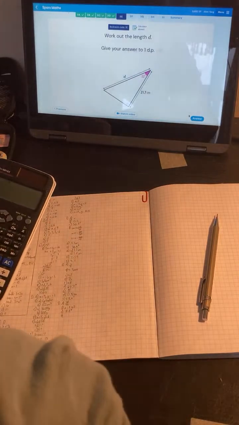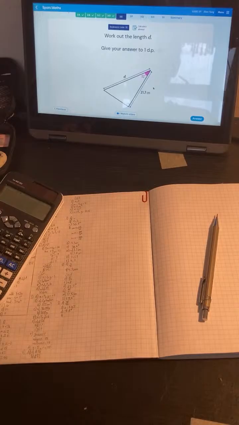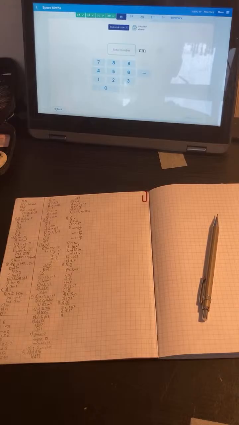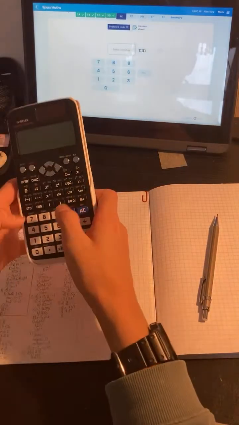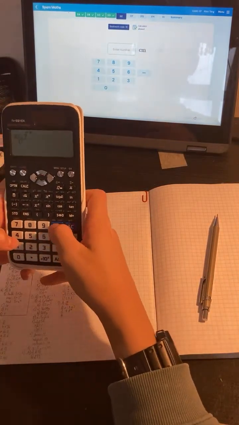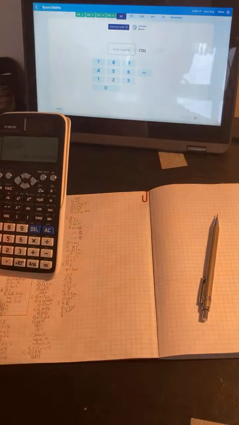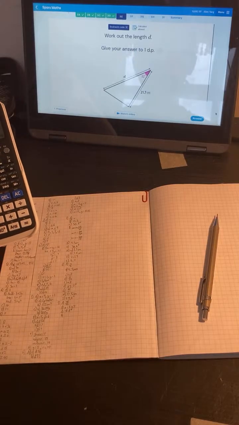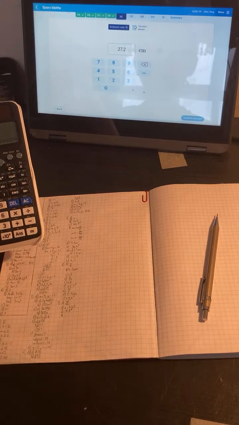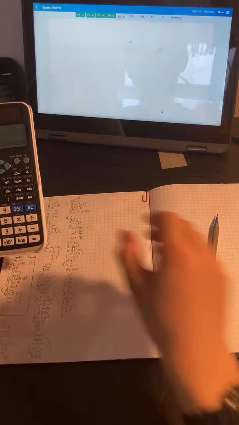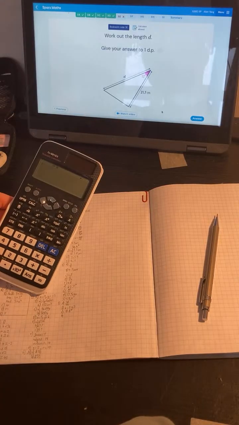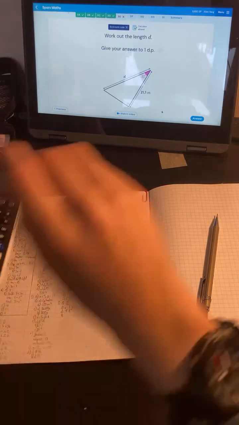Okay, right, work out length D. So adjacent and hypotenuse, so that's cosine. Adjacent over hypotenuse.